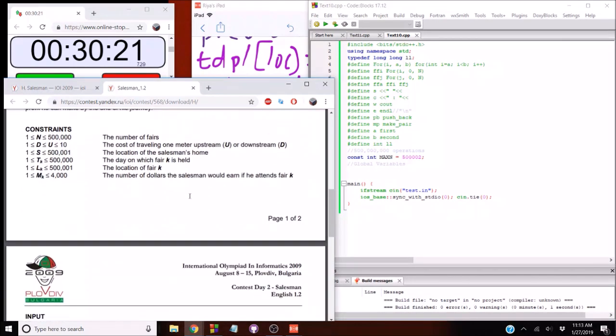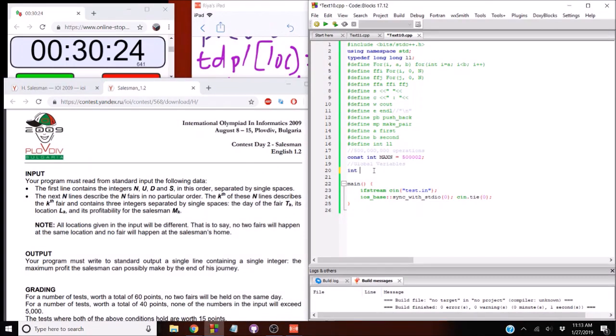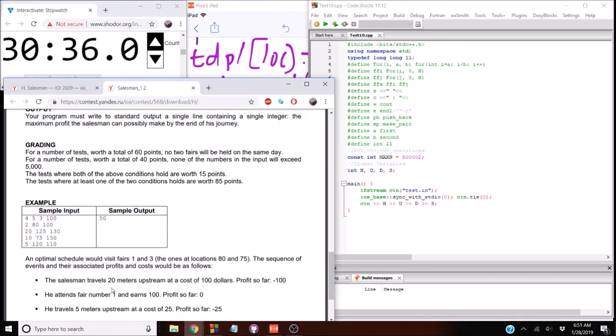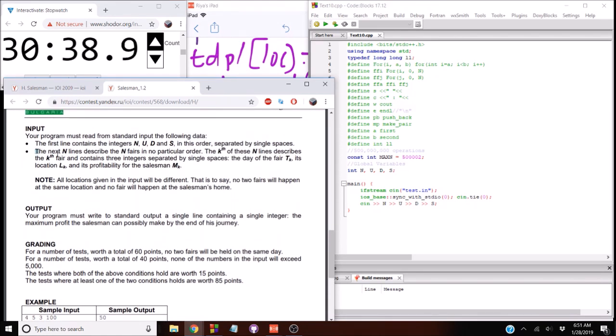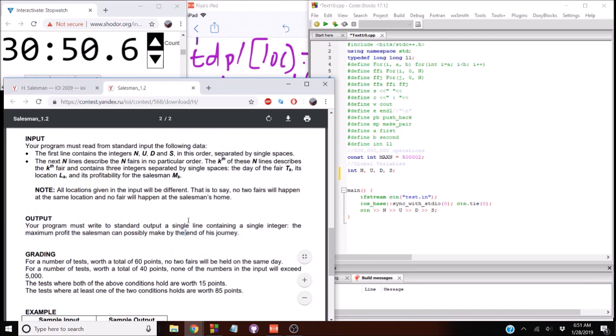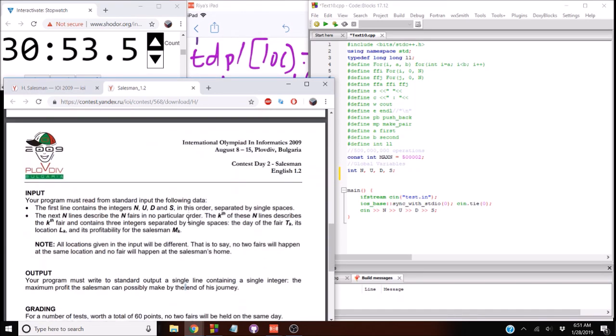And then, okay, the next thing in the input is the fares. So they give it as day, location, and profitability. And N is up to 500,000.